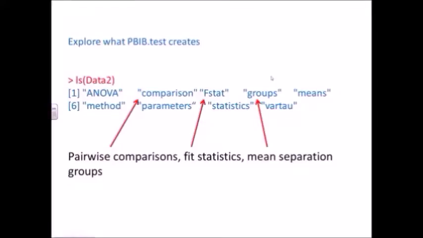So the AIC, the BIC, the log likelihood, okay? There's a mean separation that's produced here that appears under groups. So knowing what the program creates for you is good. You should in general be in the habit, if you create an object, of using ls object to see what's there. If you're applying a function to a data set, be curious and see what it's created for you.